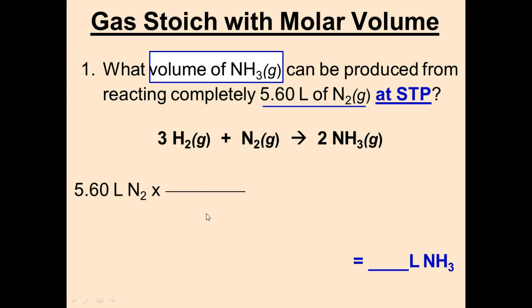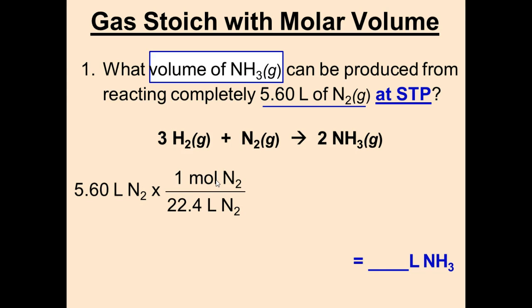And remember, whatever's on the top of the first fraction goes on the bottom, so we need liters of N2 on the bottom, and whatever we want to go to, which is moles of N2, on the top. So we write 22.4 liters on the bottom because we know 1 mole is 22.4 liters, so 1 mole definitely goes on top. And so we can figure out how many moles of N2 5.6 liters is. So once we do that, we convert from moles to moles using what?